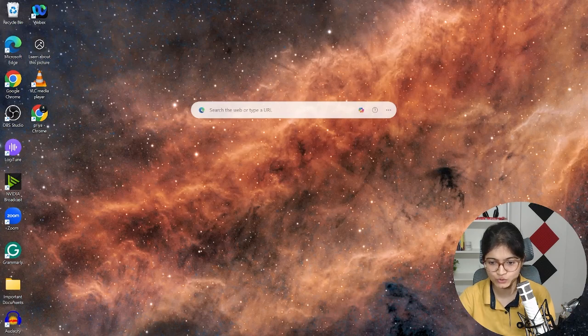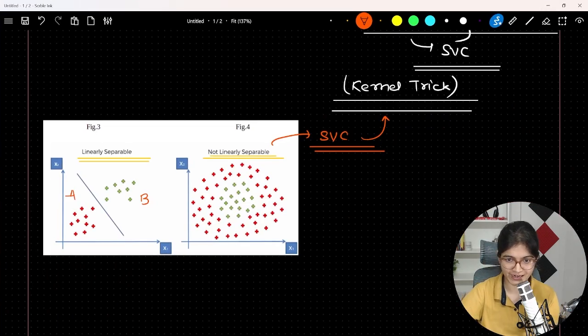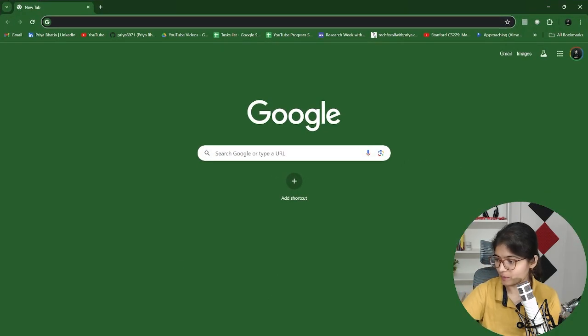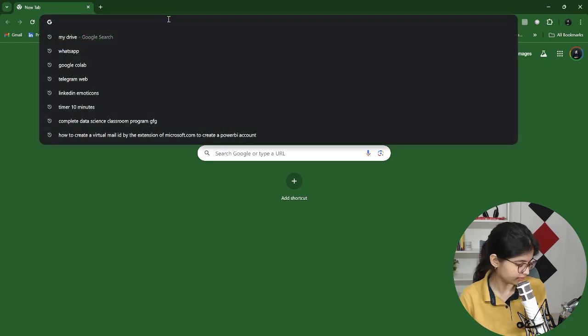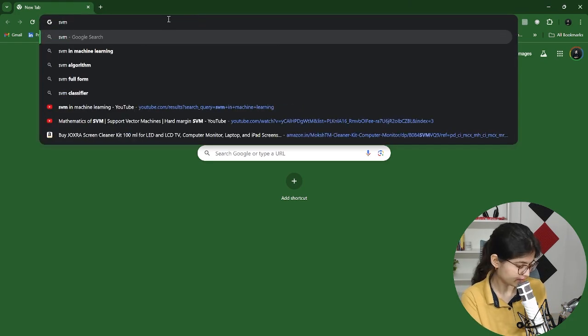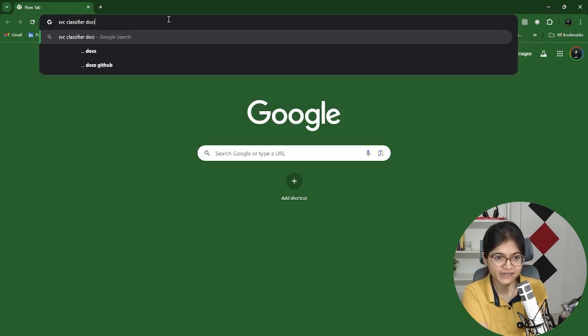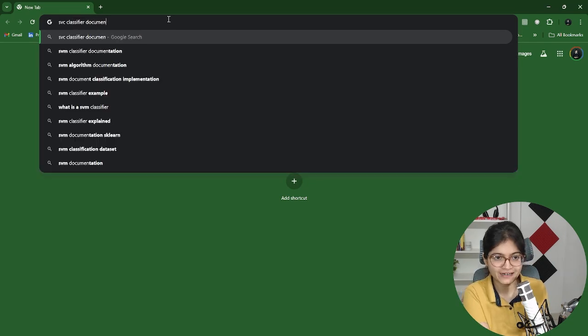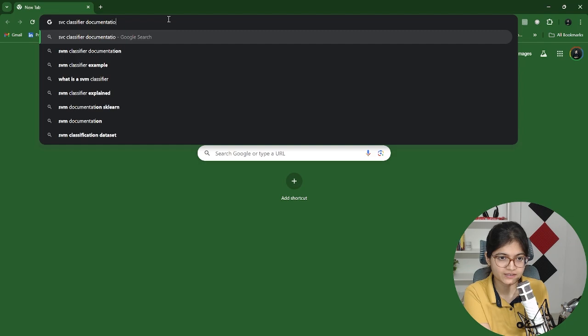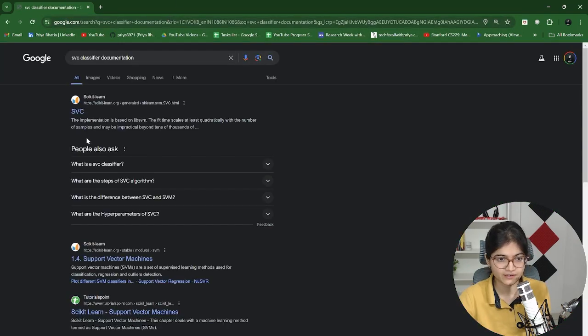Let me show you the documentation. Just give me a moment. I'll open the SVM, or SVC classifier, documentation to showcase the context behind this kernel trick.